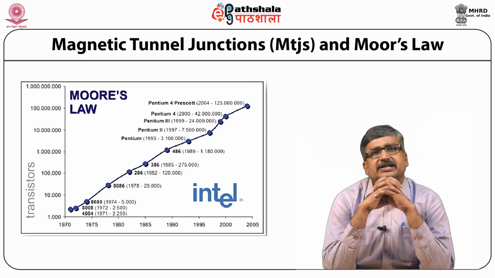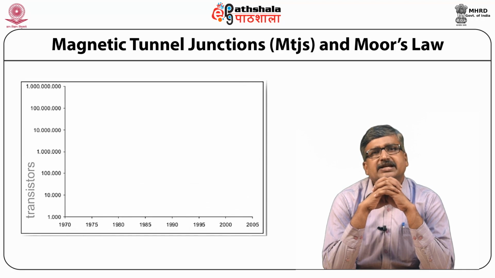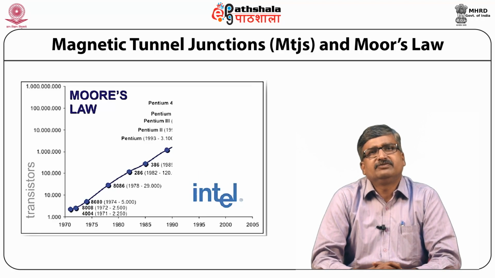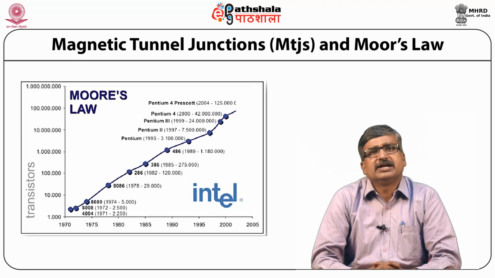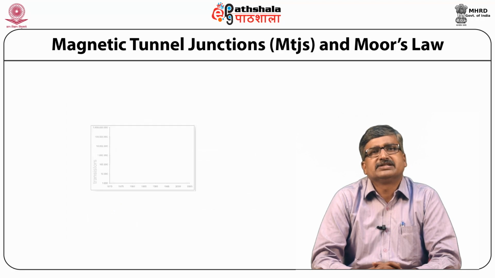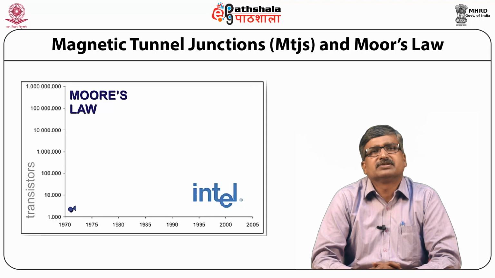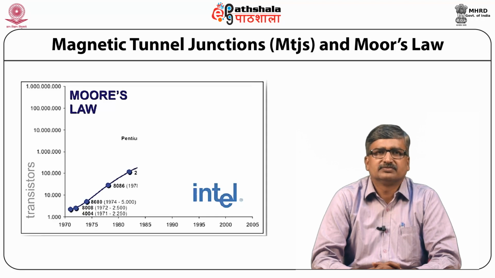Ever since, the trend in miniaturization of electronic devices has faithfully followed what is known as Moore's law. It implies that every 18 months the reduction in size doubles, or the number of transistors on the chip doubles, or the processing power of computers doubles.